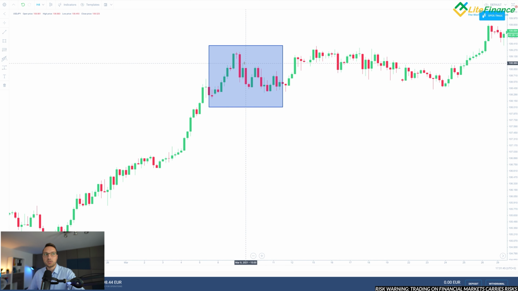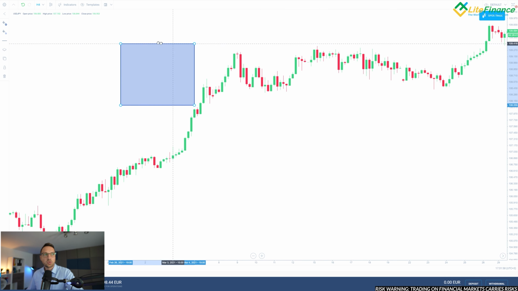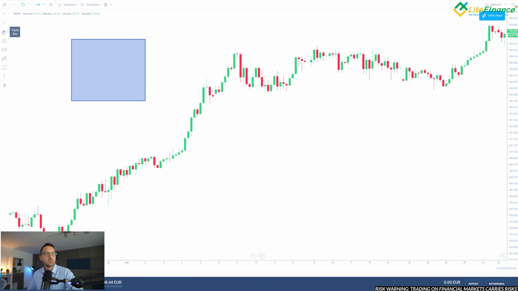But the candles will be getting smaller and smaller, and the range between which the price will be moving is getting tighter and tighter. When we draw the lines, you will see what I mean. Let's take the line tool, mark it along the highs, and the second line, let's mark it along the lows.